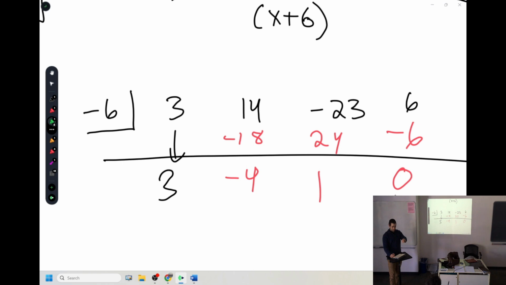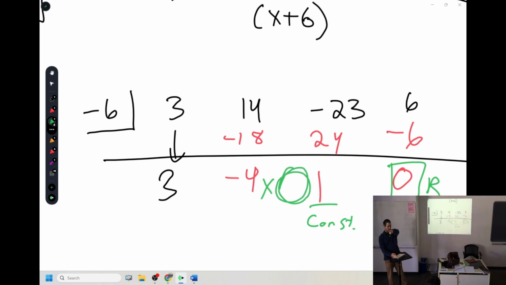So that's the remainder. That's constant. How much x? X squared. Oh, what? Oh, dang it! Hang on. I should have done the dotted lines.